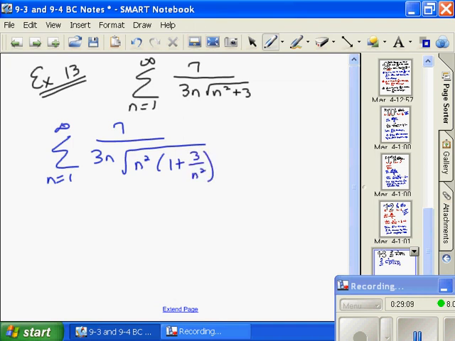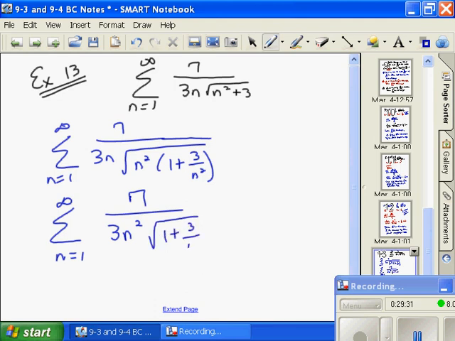Since we're using the limit as n goes to infinity, we take the square root of that n squared and bring out a positive n. So I will have the summation from n equals 1 to infinity of 7 over 3n squared times the square root of 1 plus 3 over n squared. That's what I have when I rearrange it.